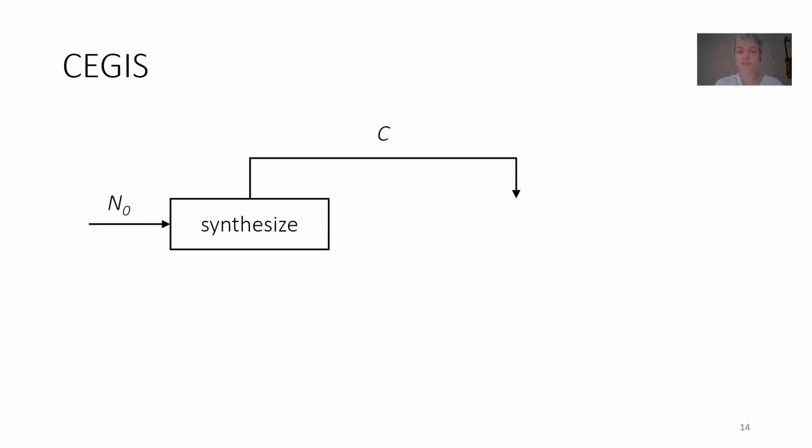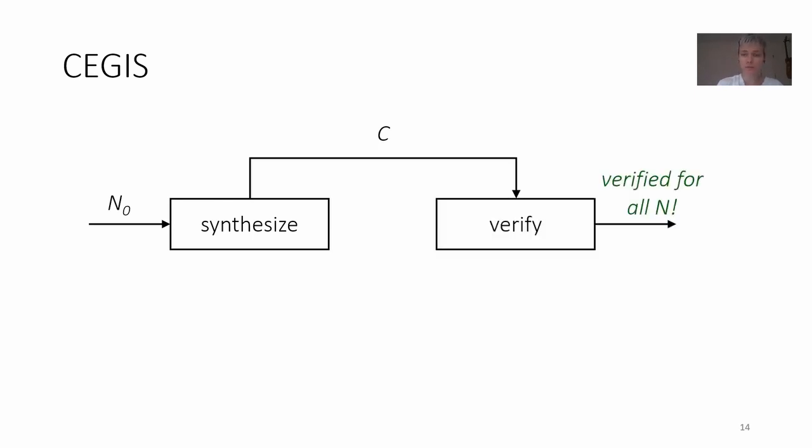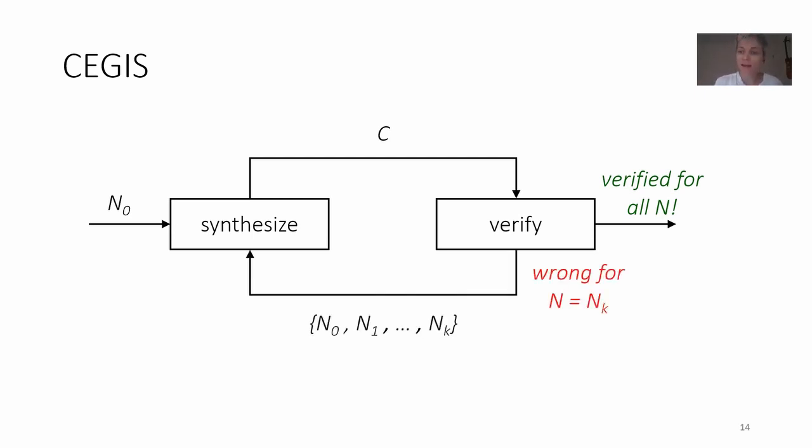The gist of the technique is that you first pick some random initial input, like we picked 10. We ask the synthesizer to find some value of the control vector, meaning to find some program that works for this input. Once it finds the program, we give it to the verifier, which is also implemented using an SMT solver, but it checks those negated constraints. The verifier either says, I couldn't find a counterexample, it's verified for all n, and then the synthesis is done.